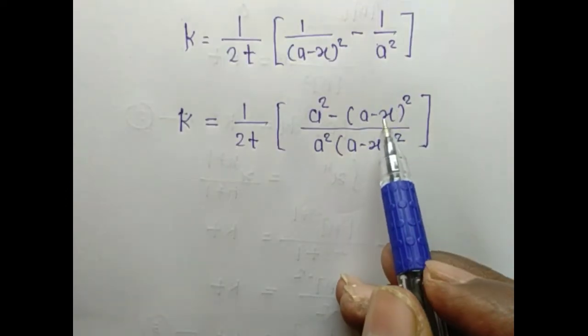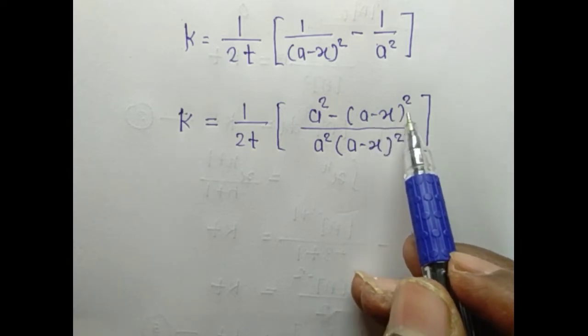Here we apply the a minus b square rule for a minus x square.